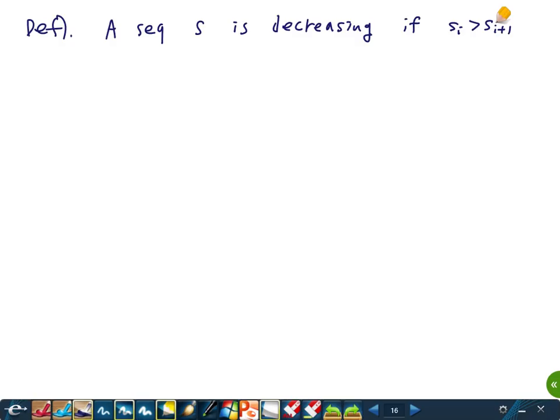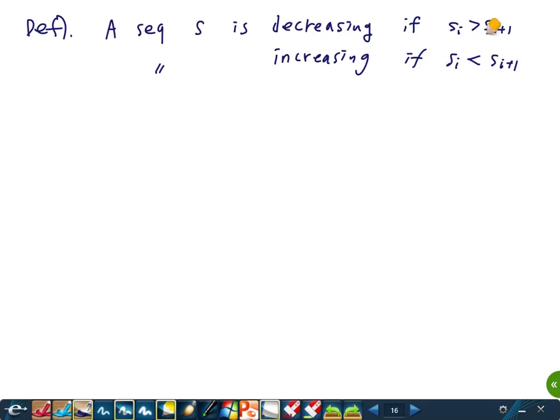If the index gets larger and the sequence gets smaller, it's called decreasing. And it's increasing if the other way around. If the next one is larger, so increasing.